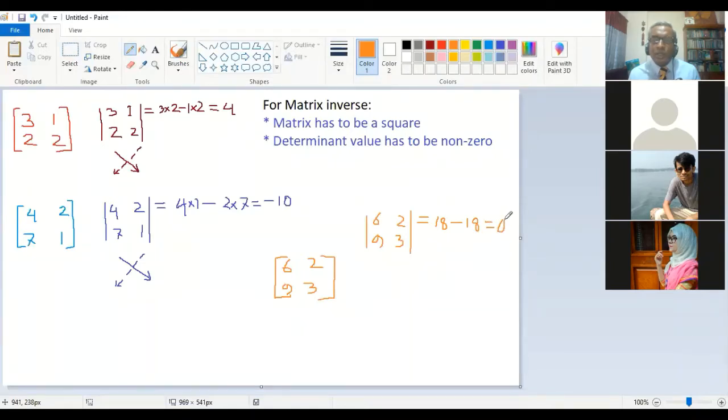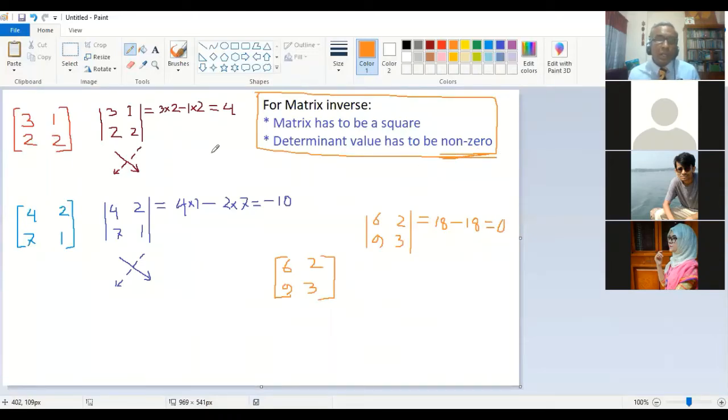So in the inverse condition, what I have written is that the matrix has to be a square matrix, and the determinant must be non-zero. That is, if it is 0, then inverse is not possible.